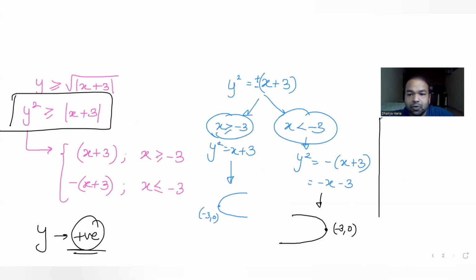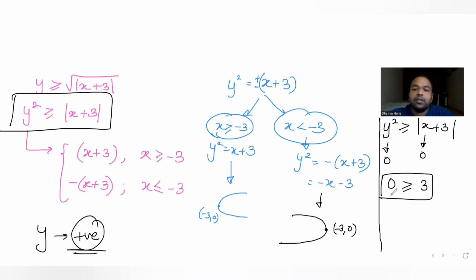If I substitute the origin point into y square is greater than or equal to x plus 3, I get 0 square is greater than or equal to mod of 3, that is 0 is greater than or equal to 3. But is it true? 0 is less than 3. So this condition is always false.